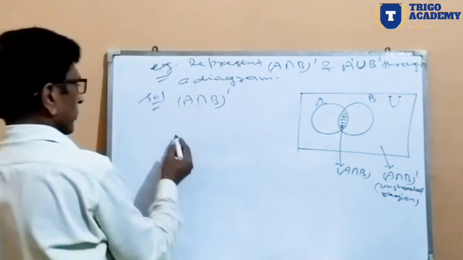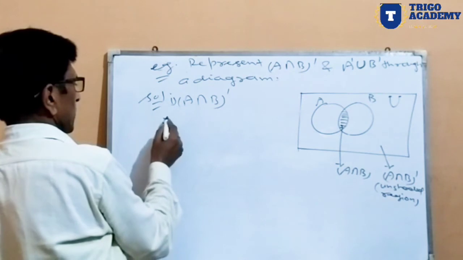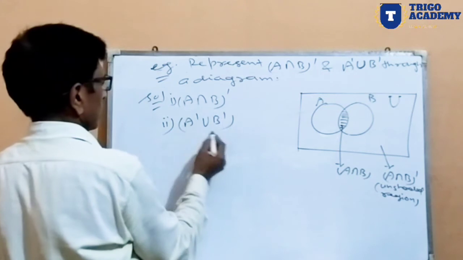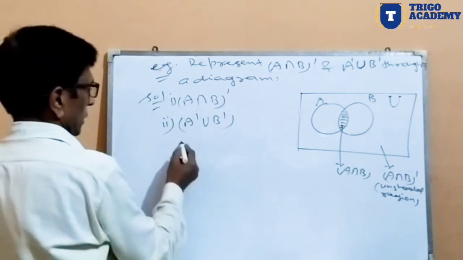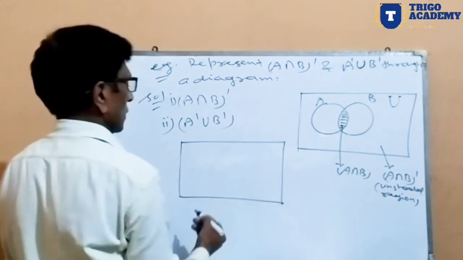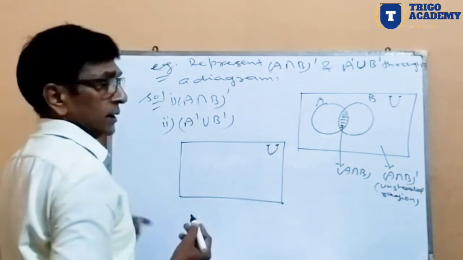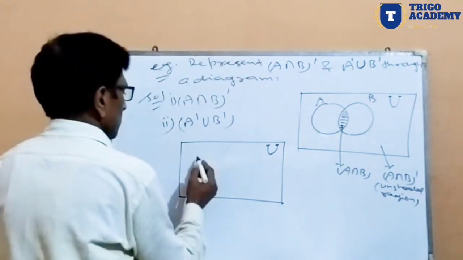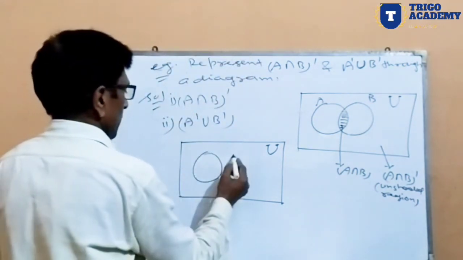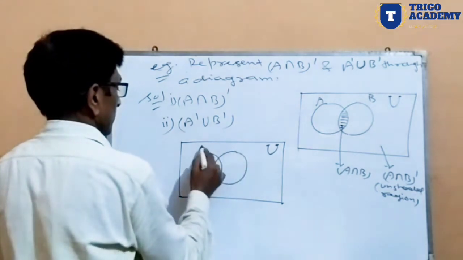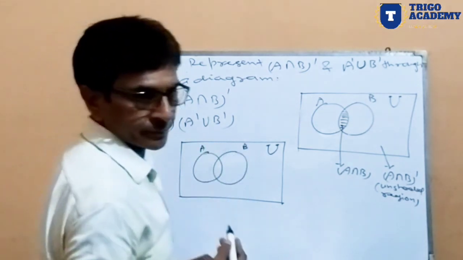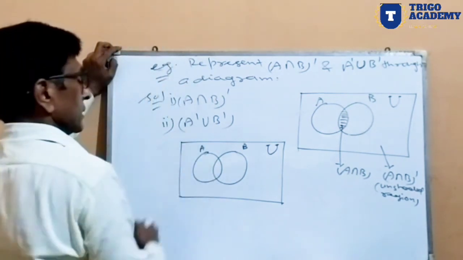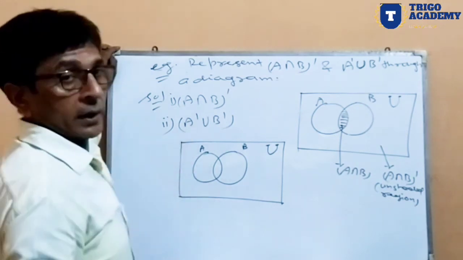In the same way, this is the first part, and the second part is A' union B'. So this is the universal set, this is the universal set. Here this is A and this is B. A' will be out of A. Where will A' be?